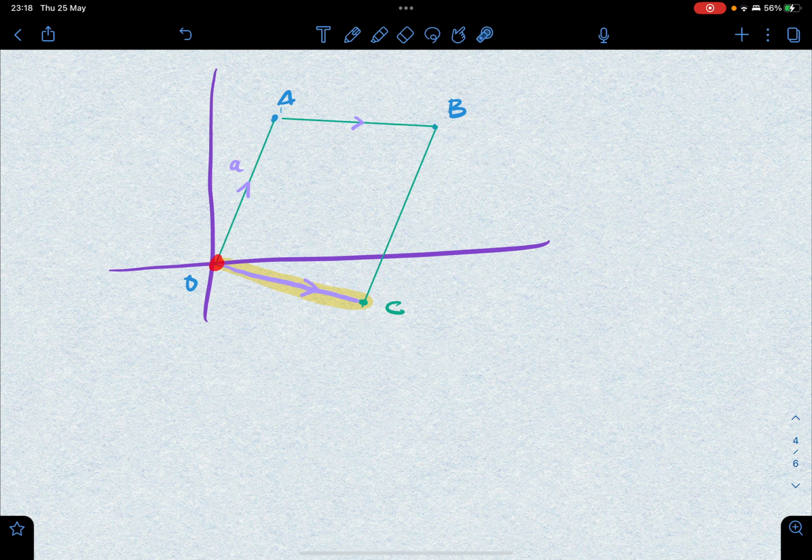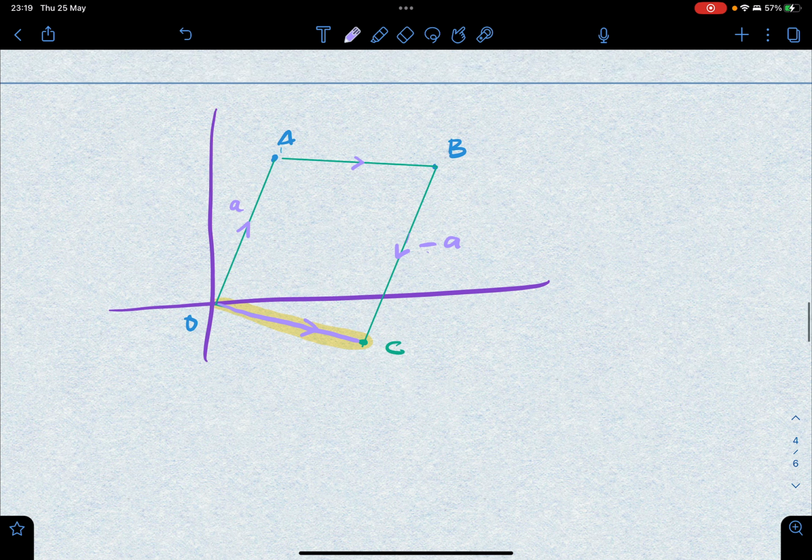So one way of getting from O to C is going from O to A, and then A to B, and then B to C. But do we know BC? Well, we know that BC is parallel to OA, so if this is a, then this must be minus a, because it's the same direction, it's the same length, so it's just minus a. And this, I think it was AB, that's just b minus a.